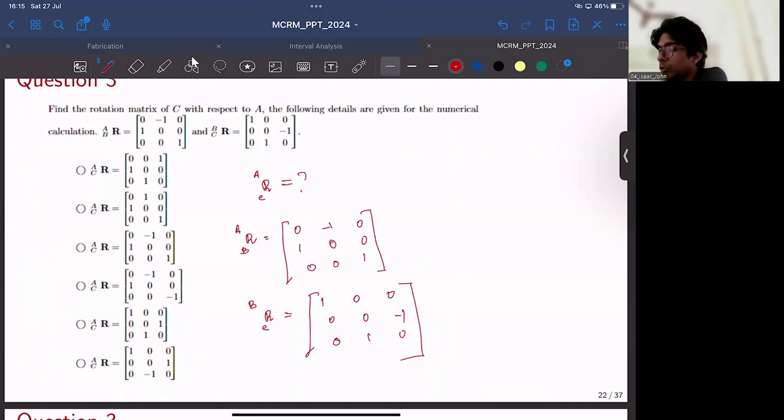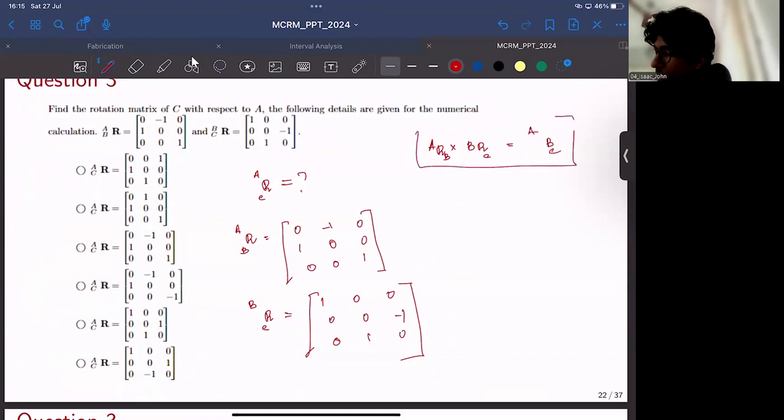So from the lectures, from compound rotations, we know that if you multiply the rotation matrix of B with respect to A with the rotation matrix of C with respect to B, we will get the rotation matrix of C with respect to A. We have already been given ARB and BRC.